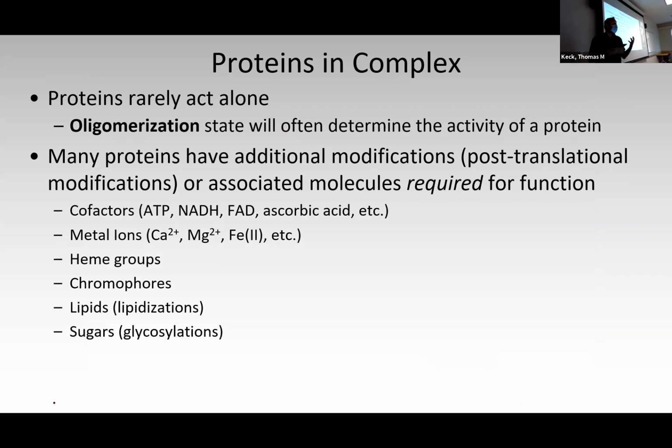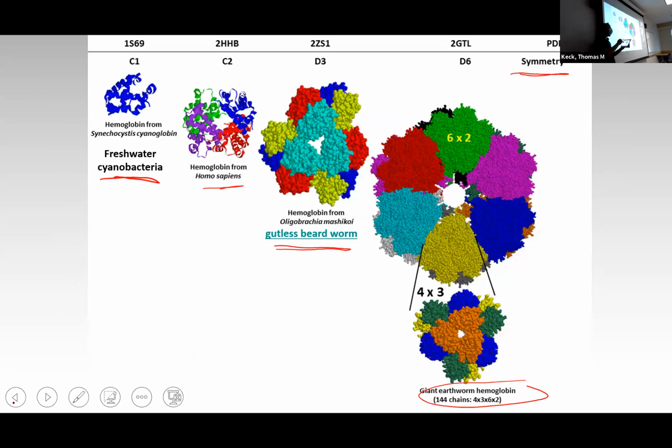That is oligomerization, and that usually indicates that the functions of these proteins are incomplete without their partners. Okay? So the oligomerization state of a protein will affect its function because structure always dictates function. And you cannot get into these final structural shapes unless everybody's there.